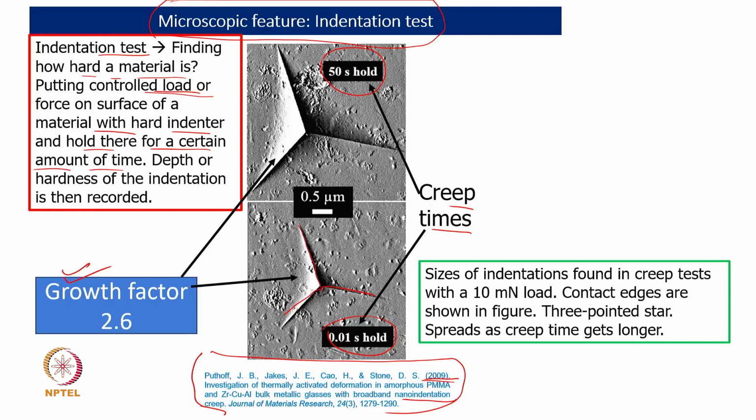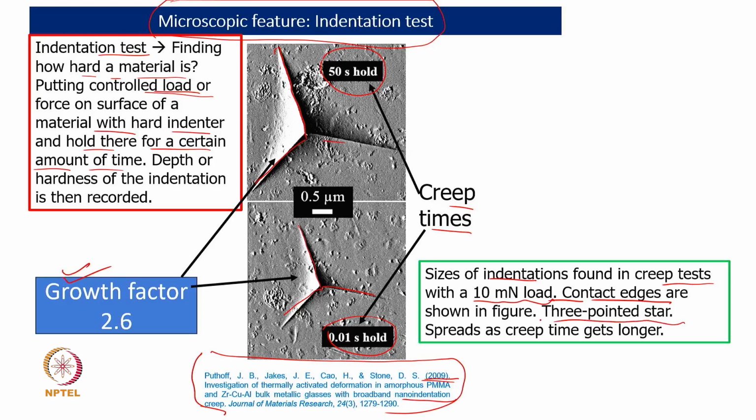So, not necessarily every time do we need to come up with a new tool or a new sensor; we can relate to the existing sensor in a much better manner, and then we can derive the relation. Again, for that purpose a data driven approach will be better or more useful. What I am showing here is the size of the indentation found in the creep test. They used a 10 millinewton load, and here you are able to see the contact edges, this is the contact edge, this is the contact edge, in a star form.